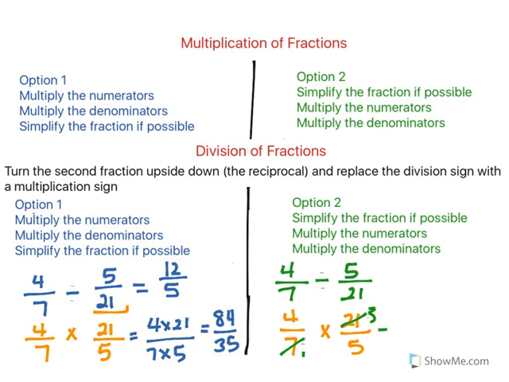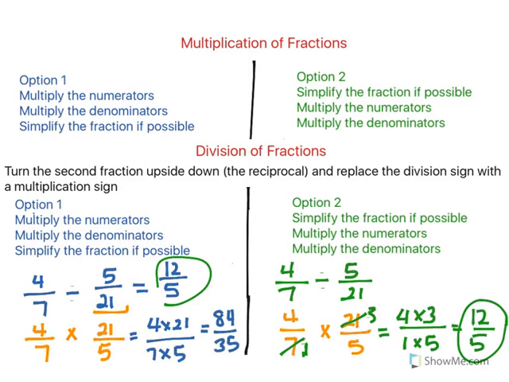So now I multiply my numerators, which is 4 times 3, and my denominators, which is now 1 times 5. 4 times 3 is 12, and 1 times 5 is 5. So you get the same answer, 12 over 5.